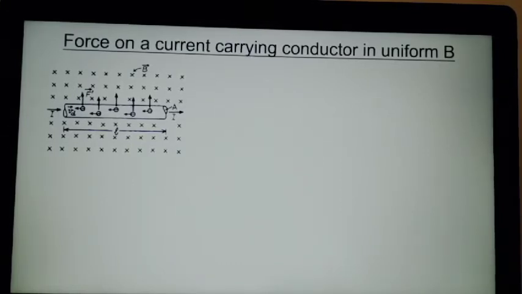And electrons are moving with a velocity Vd in a direction opposite to the current I shown here. We have already seen that I is from positive to negative, but electrons are moving from negative to positive, that is opposite. So they will experience a force, and that force is denoted in the upward direction.